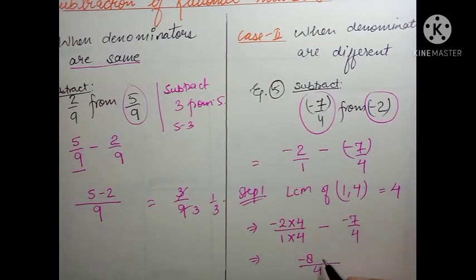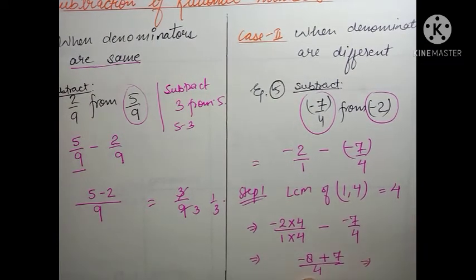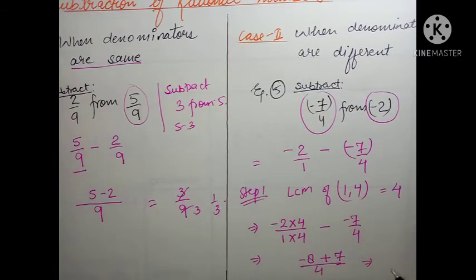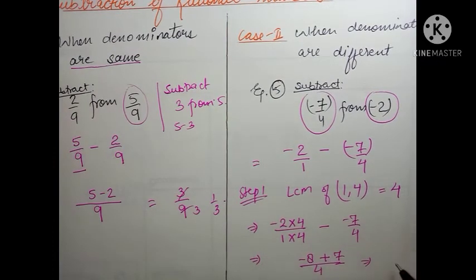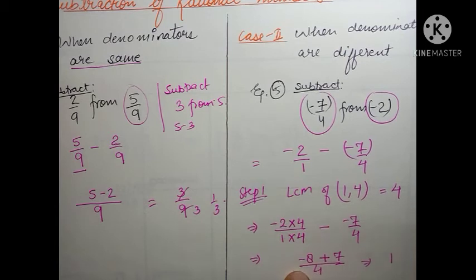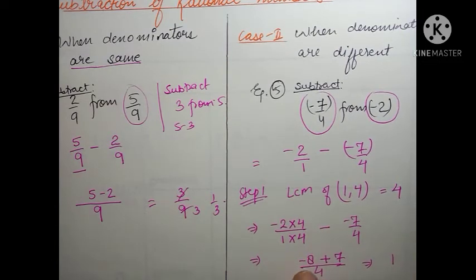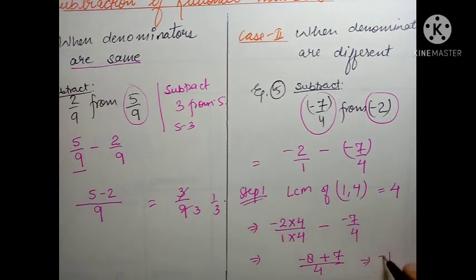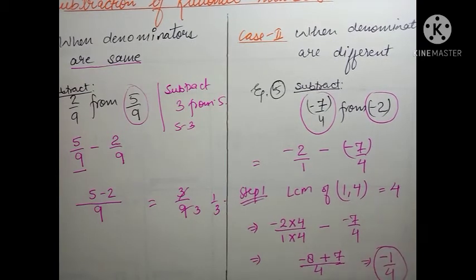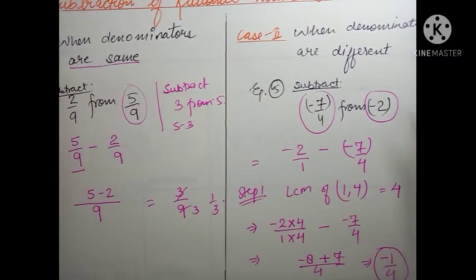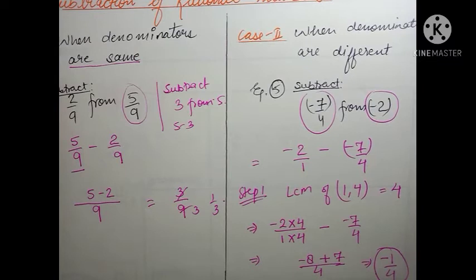And here this is minus and this is minus, so this would be plus. Minus 8 plus 7. Now minus plus, and the symbol goes to the greater one. So 8 minus 7 is 1, and the symbol will go to the greater one. The greater one is 8, so the answer will be negative. So this is our answer for this question when denominators are different. Understand it properly.